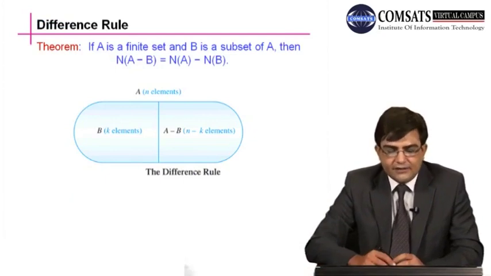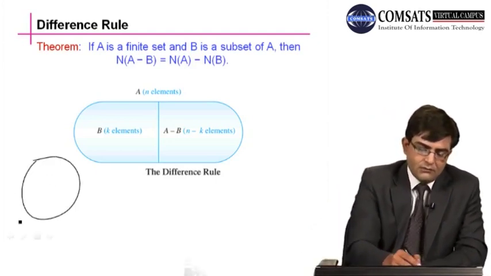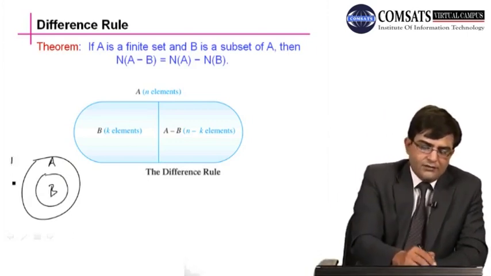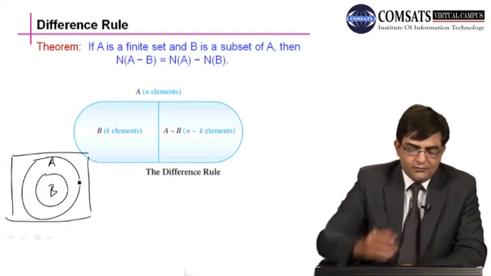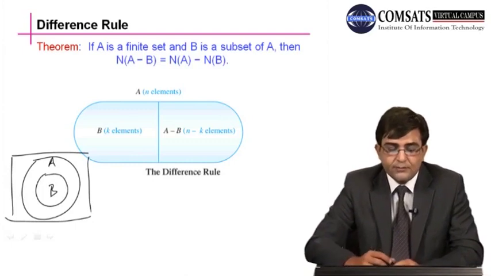Now what is the difference rule? If A is a finite set and B is a subset of A, this is set A, and B is a subset of this set. If we use a Venn diagram, this is the situation in this theorem.